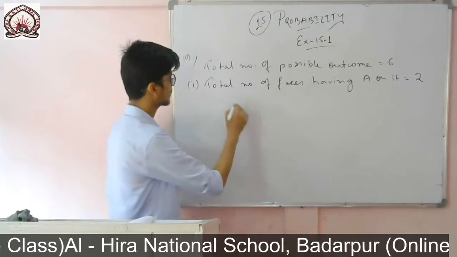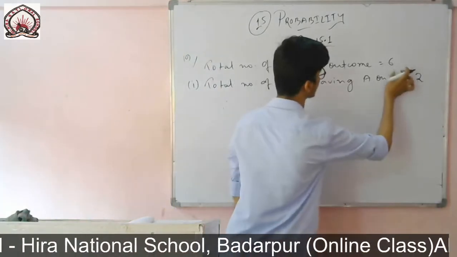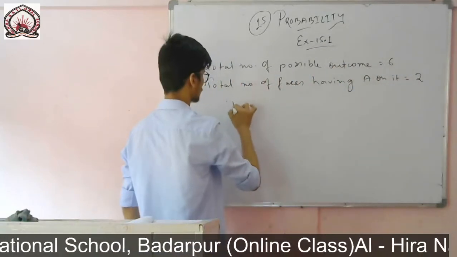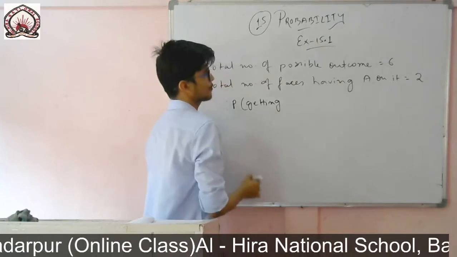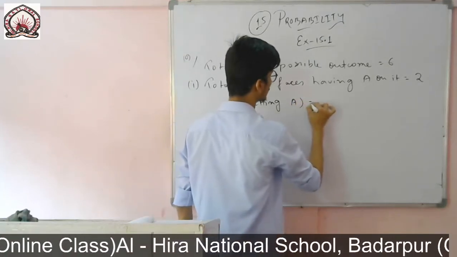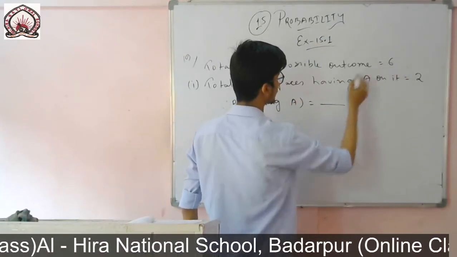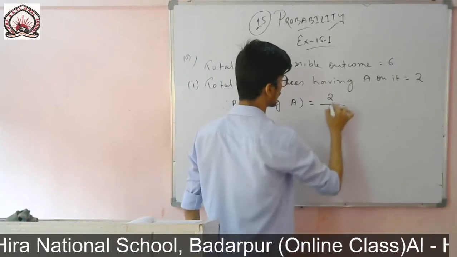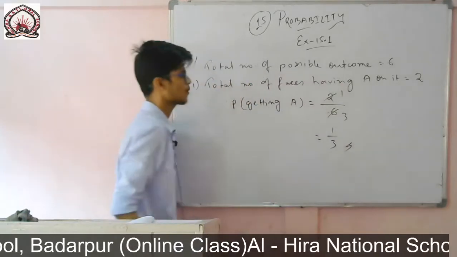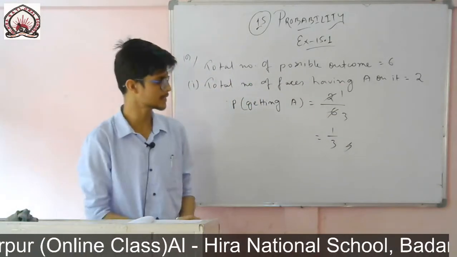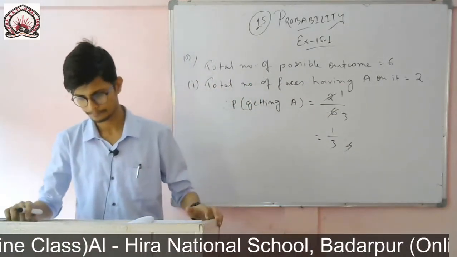So the probability of getting A will be favorable outcomes divided by total possible outcomes, that means 2 by 6, 2 ones are 2, 2 threes are 6. So the required probability is 1 by 3.